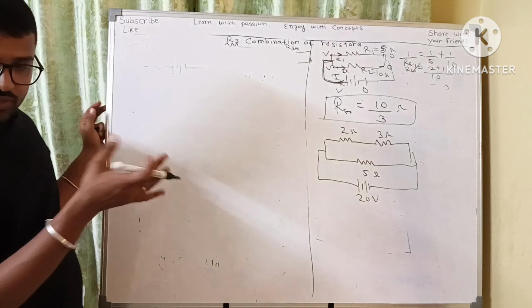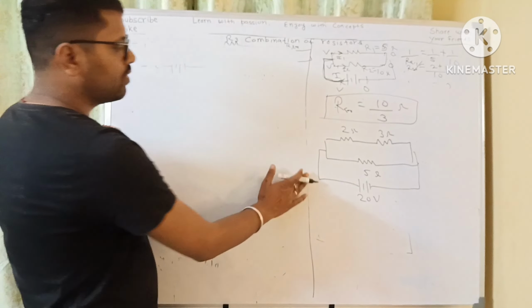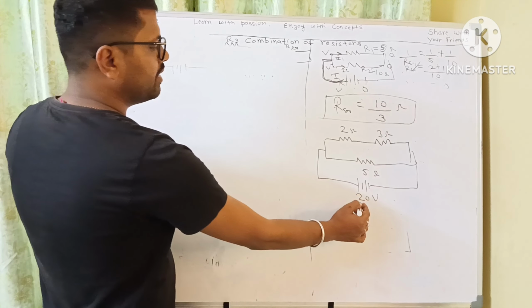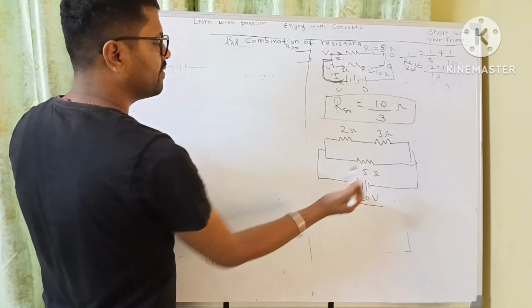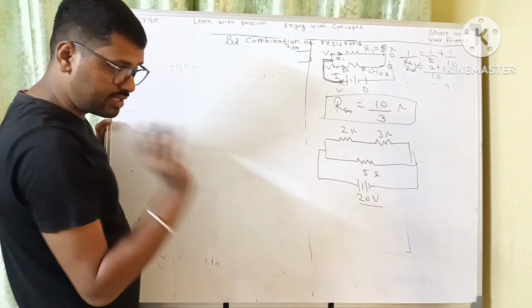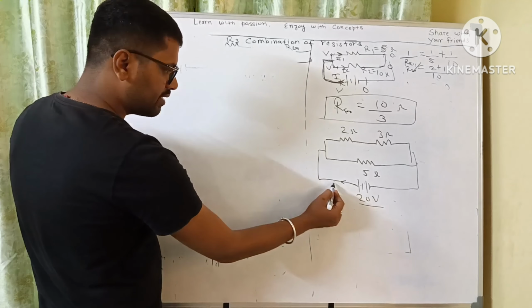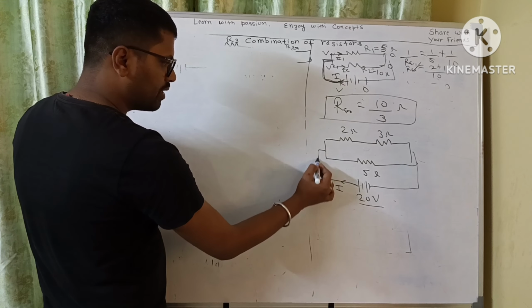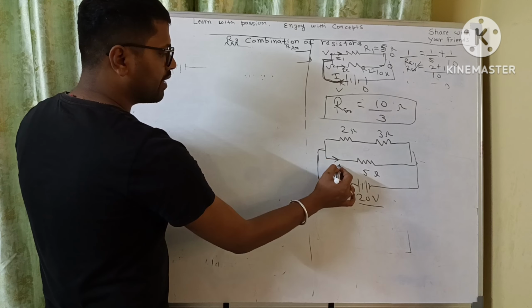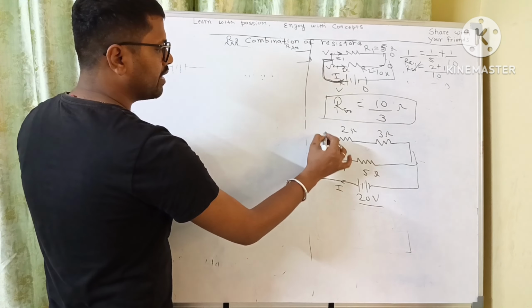How to solve in exam? This question only comes. What to do here? Here 20 volt, here 2, 3, 5. First, our trick is that you start from the battery. Here current I is coming. Current is going, here current I1 and here current I2.